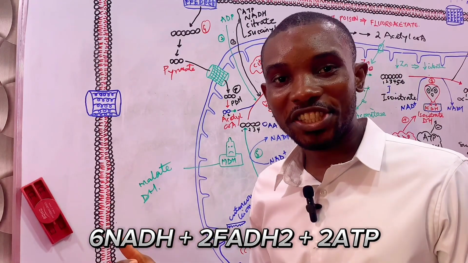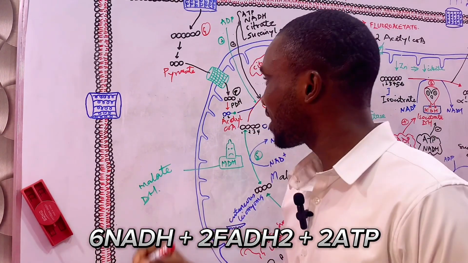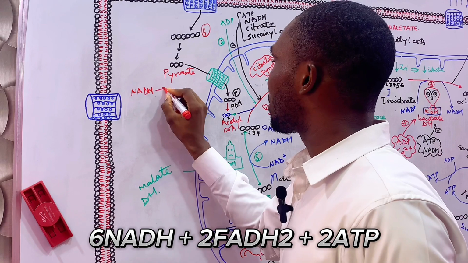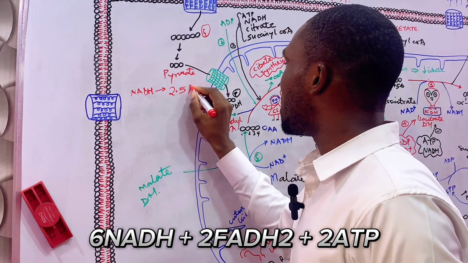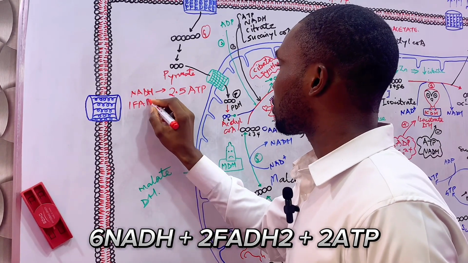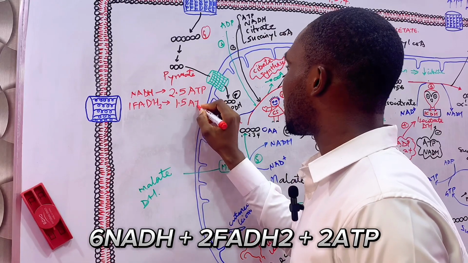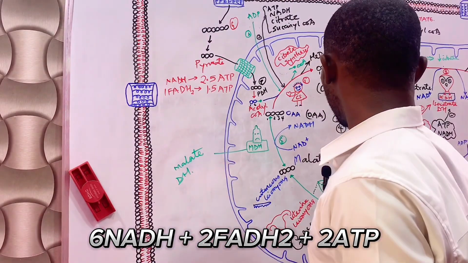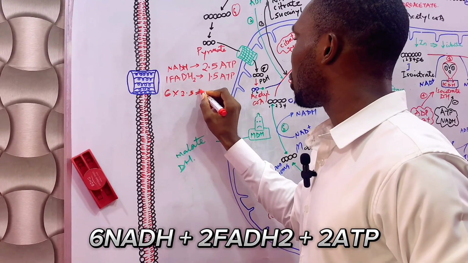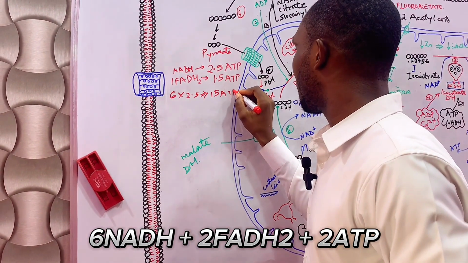So in the electron transport chain, 1 NADH gives 2.5 ATP. And then one FADH2 gives off 1.5 ATP. So if you look at it, we have 6 NADH. So 6 times 2.5 would give us 15 ATP.